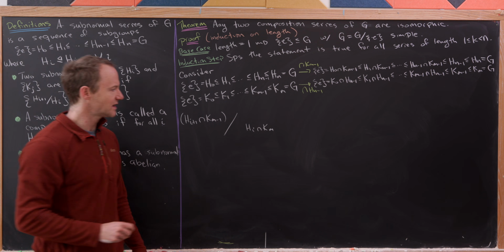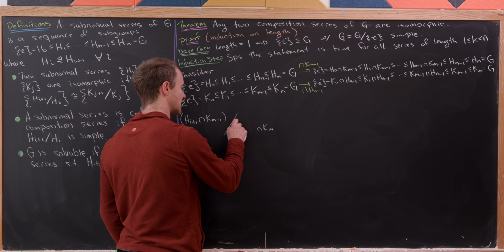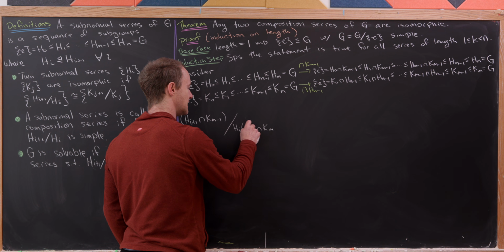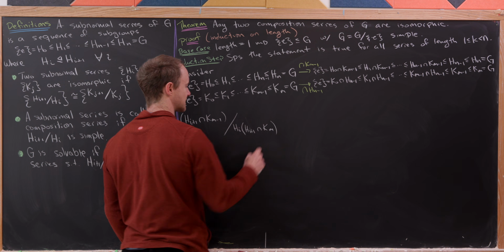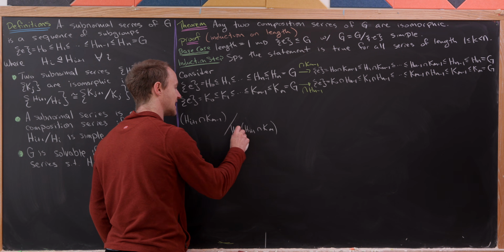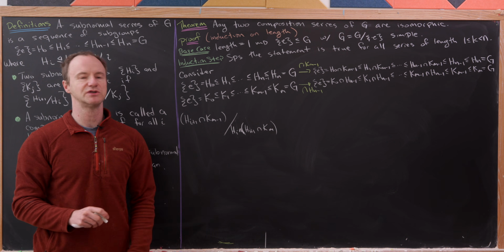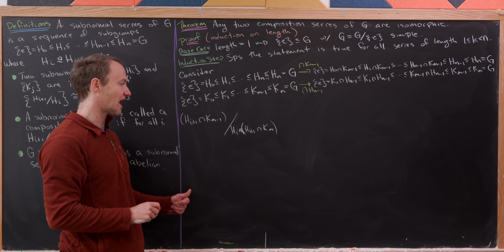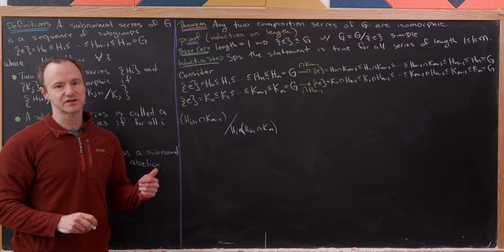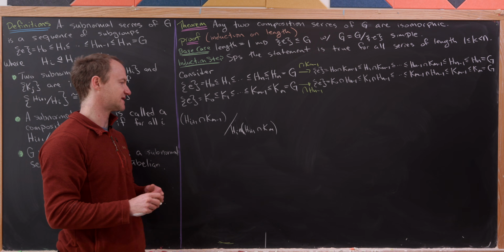But now I'm going to take this H_i and move it out here, and then in the middle, I'm going to put H_{i+1}. And I can do that because we know H_i is contained in H_{i+1}. So essentially what I'm doing here is I'm exchanging H_i for the intersection of H_i with H_{i+1}, because those both are the same.